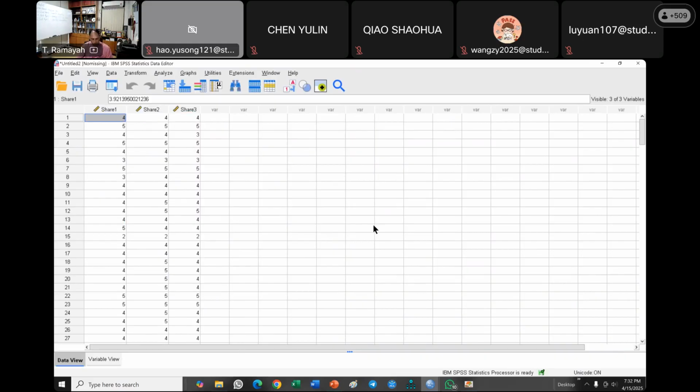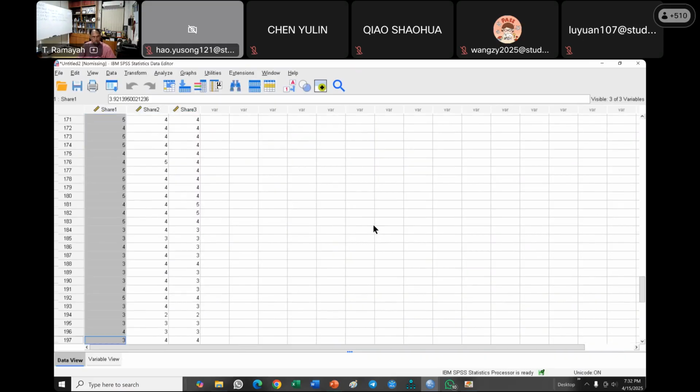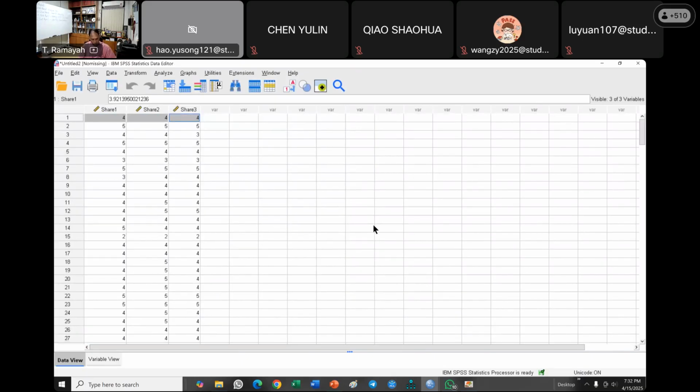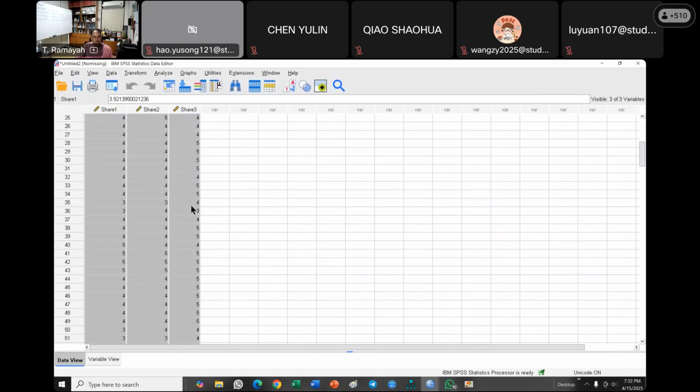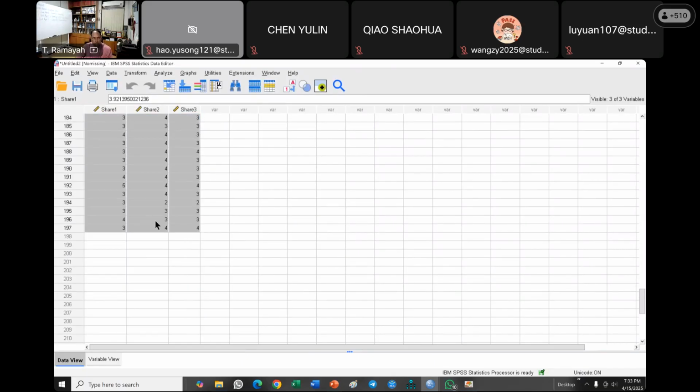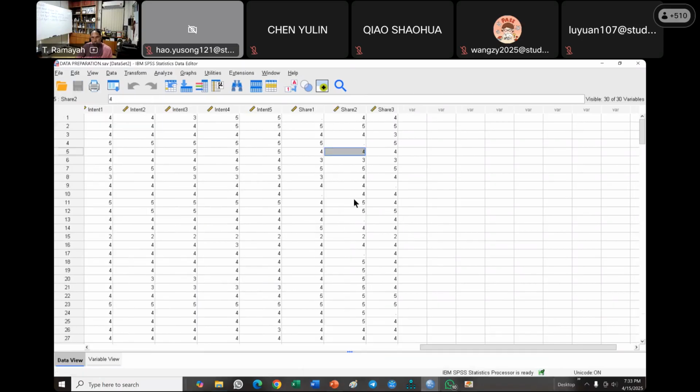So what we need to do is highlight all of this with Control A. We need to select all this new data that is no missing. There is no more missing here. Copy this data, and in your data file here, you need to paste. Once you paste, now you have a complete data set.